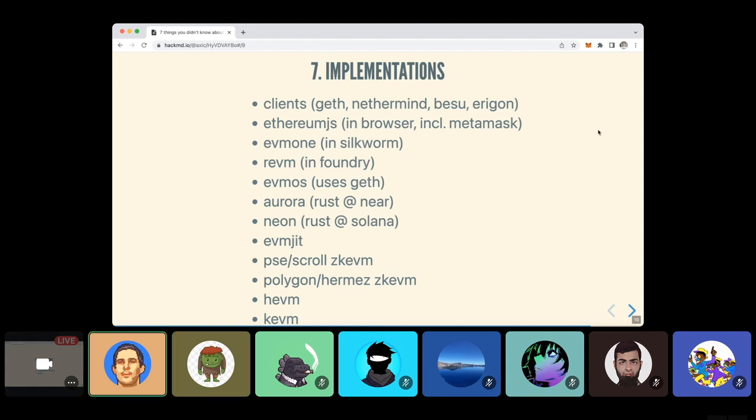And then an interesting one here is EVM JIT, which is a defunct project, but it was an attempt at writing a just-in-time compiler, which means taking EVM code and translating it into machine code, and then executing machine code instead of an interpreter. Because everything else here, mostly, are interpreters.